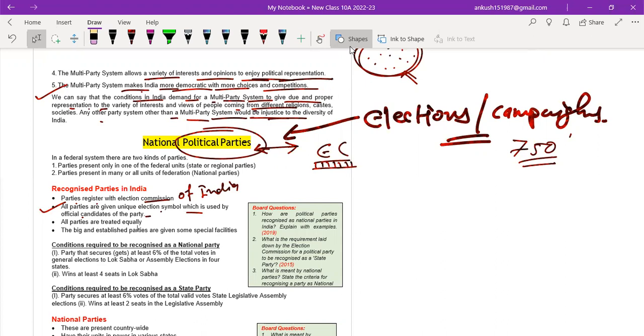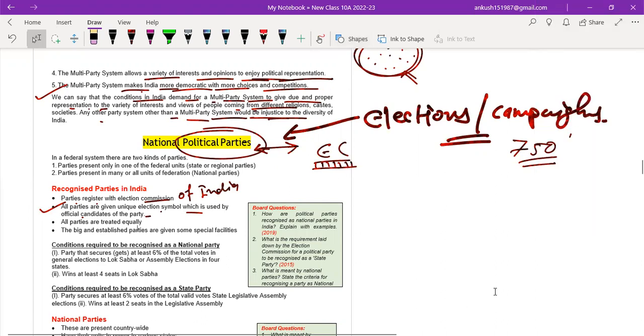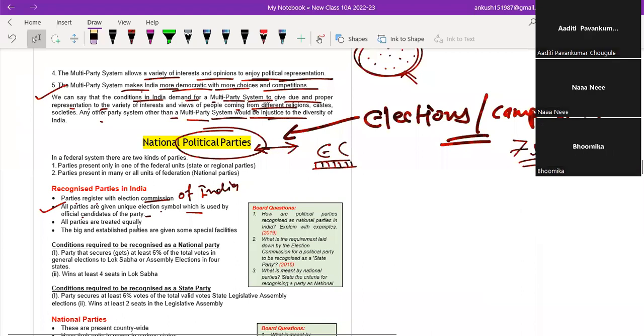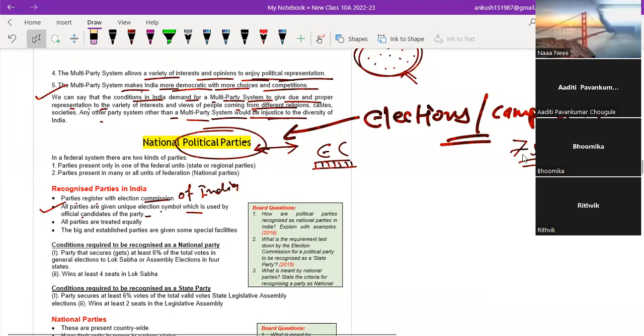Nobody tells anything. Please turn on your videos, everyone. Everyone is supposed to turn on the video. Everyone, I said, not only one. One is doing that, and others are looking on. Shall I take the name? Ritvik, Bhumika. This is Nani.